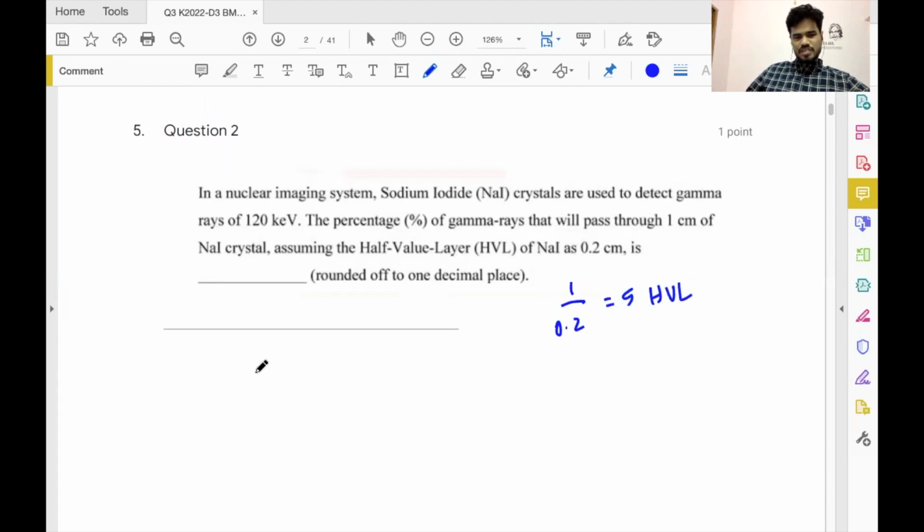You start with 100%, and we want the answer in percent. So this is 100 times 1 by 2 to the power 5, since every half value layer decreases by half. At the end, it's 1 by 2 to the power 5, which is 3.125, rounded off to 1 decimal place, 3.1.